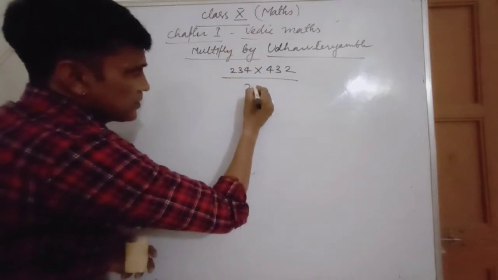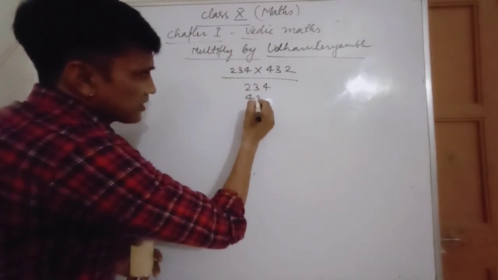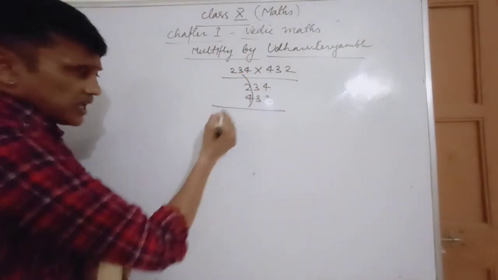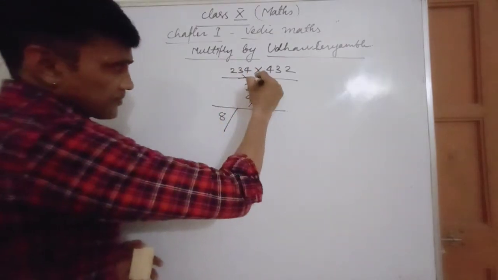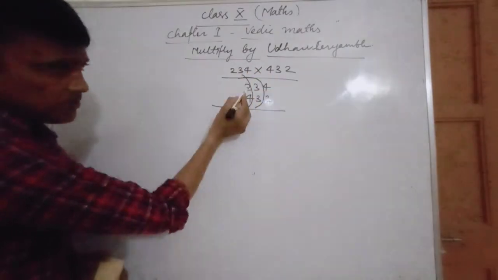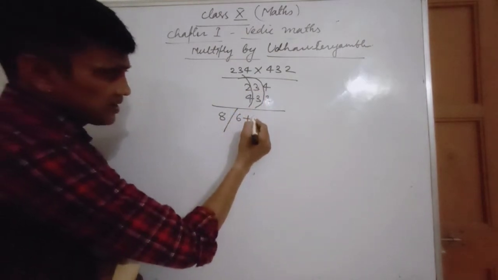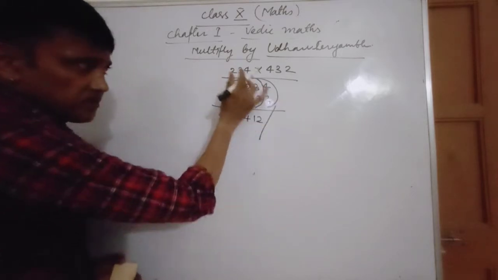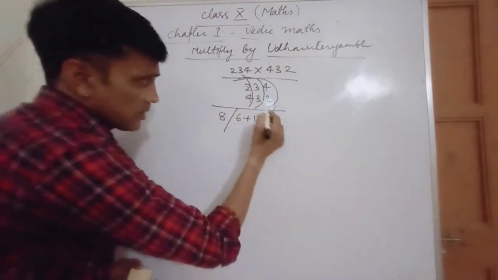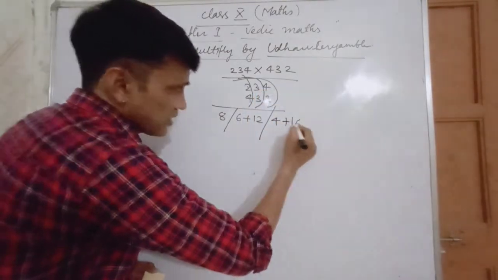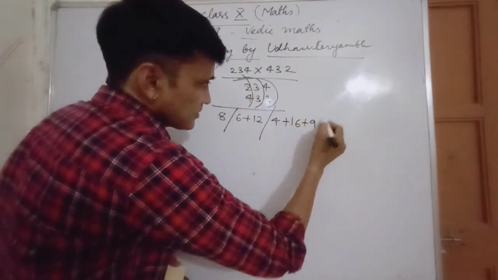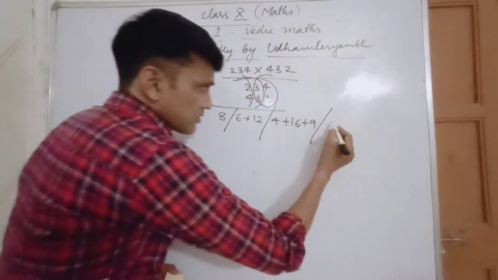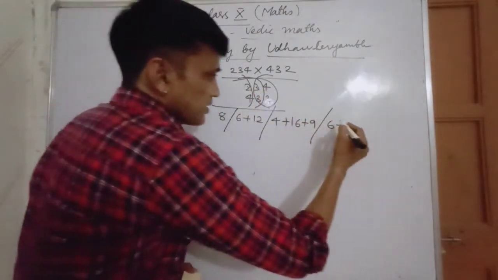Make the column 2, 3, 4, 4, 3, 2. Okay, now see. 2 4s are 8, dash, next column cross multiply, 3 2s are 6 plus 4 3s are 12. Now third column, cross multiply like this, 2 2s are 4, 4 4s are 16 and 3 3s are 9. Now for this column, 3 2s are 6, 3 4s are 12.